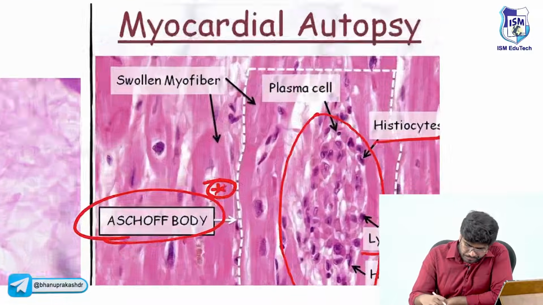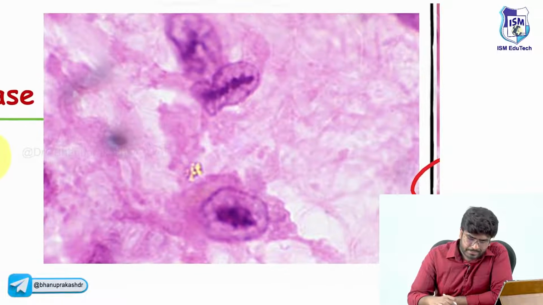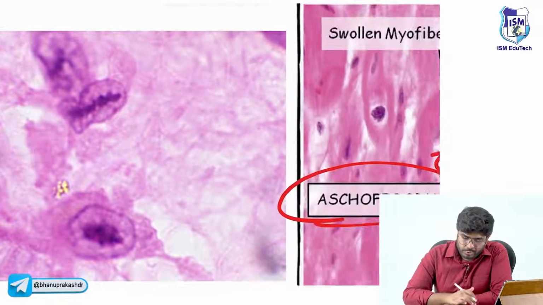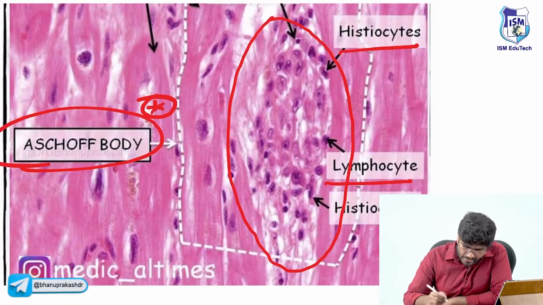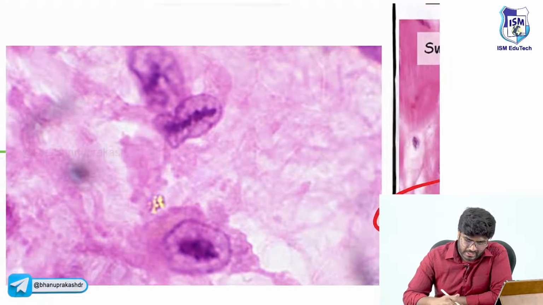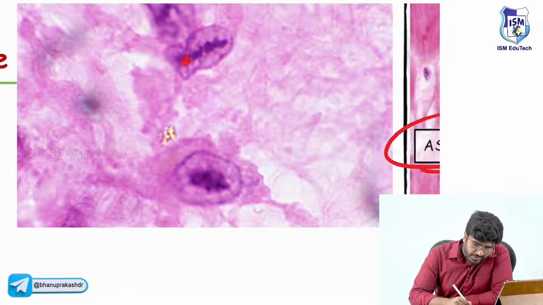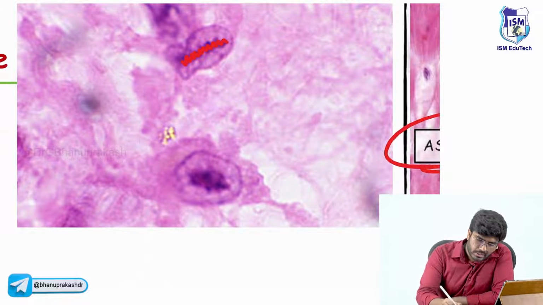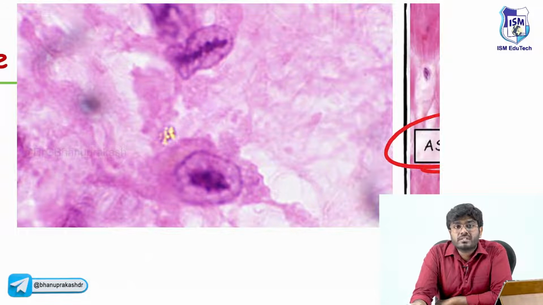Now, if you look here, sir, these macrophages, these histiocytes. I am showing you one histiocyte from this area. Let's take one histiocyte. Look, here is one histiocyte. Now, how does this histiocyte look? The nucleus is looking like a ribbon, sir. So these are ribbon-shaped macrophages.